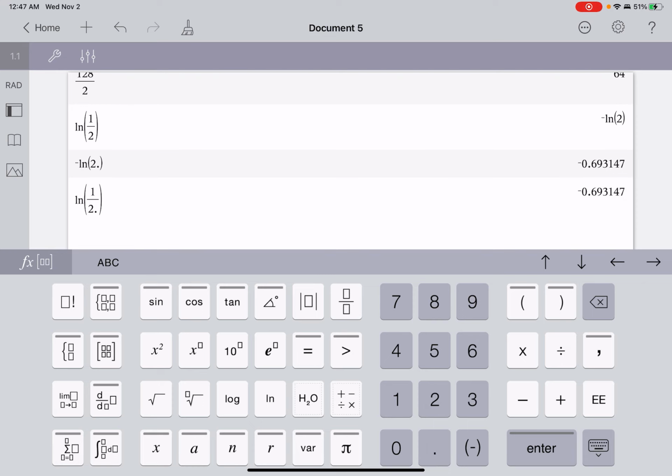All right, so it's just a decimal. Excuse me, negative 0.693147. So it's just a decimal.